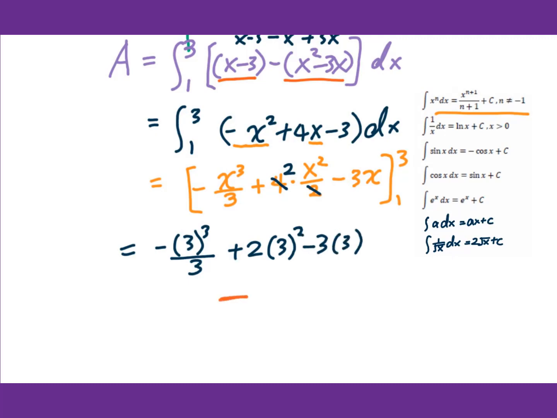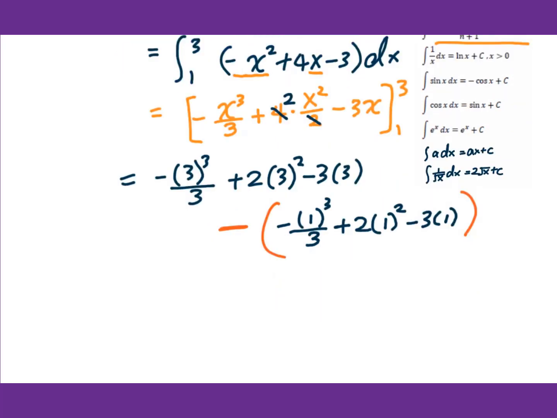Then minus the parentheses here: negative 1 to the third power over 3, plus 2 times 1 squared, minus 3 times 1. This gives you negative 9, and this gives you positive 18, negative 9. So here it is 0.